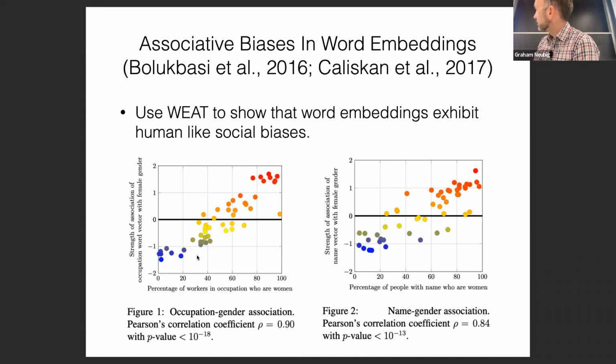What we can see is that the more an occupation has traditionally been associated with people of a certain gender, the more similar the embedding similarity is as well.